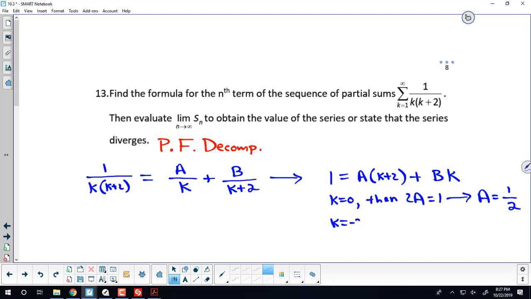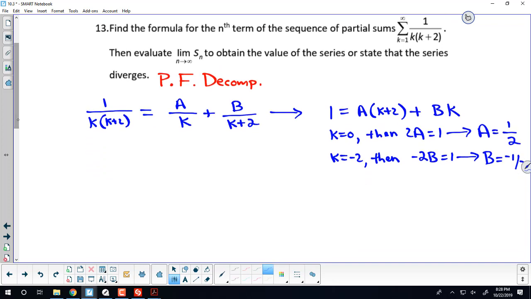And if k is negative 2, then we have negative 2B equals 1, or B is negative 1/2. Which means 1 over k times k plus 2 is 1/2 over k minus 1/2 over k plus 2.